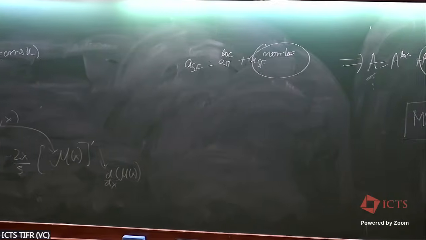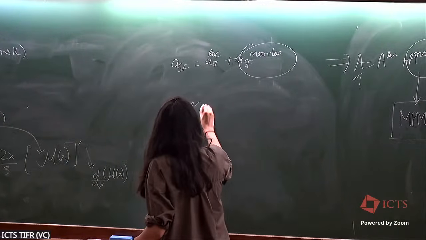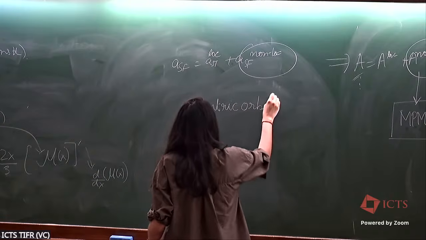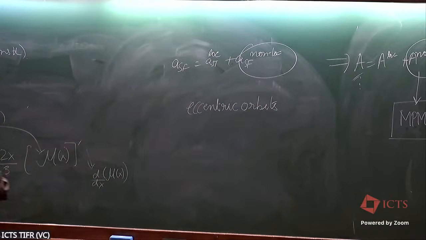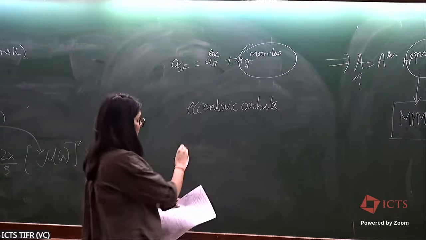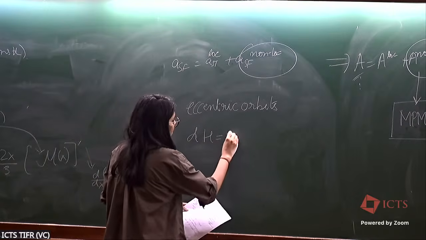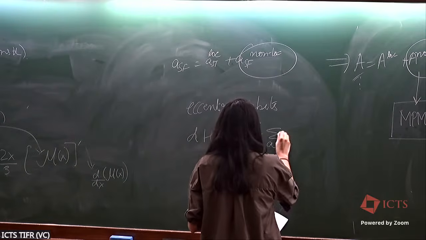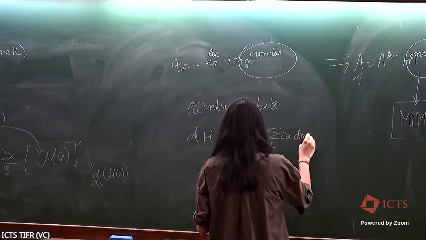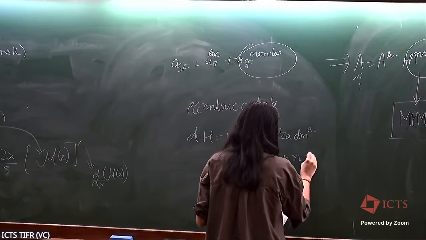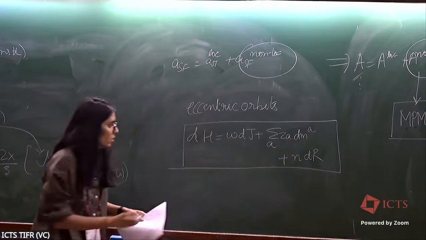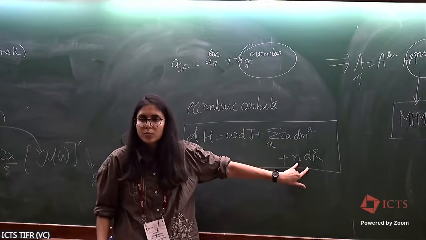Now, if we want to consider eccentric orbits, in addition to this result, we will have this additional contribution coming from the radial potential.